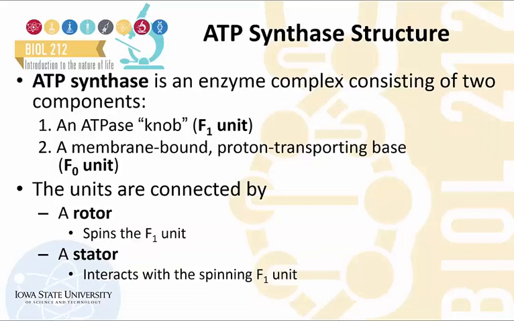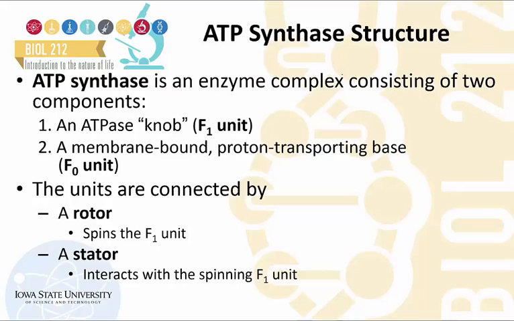A protein complex that we haven't discussed so far is the ATP synthase, which is the final component important for the production of ATP. ATP synthase is an enzyme complex consisting of two components, an F1 unit and an F0 unit.